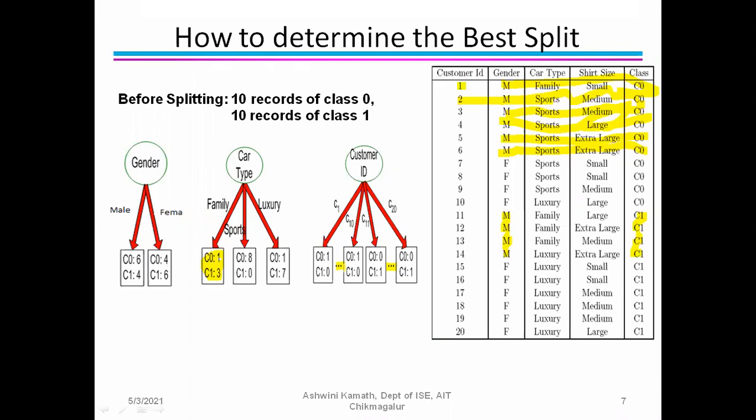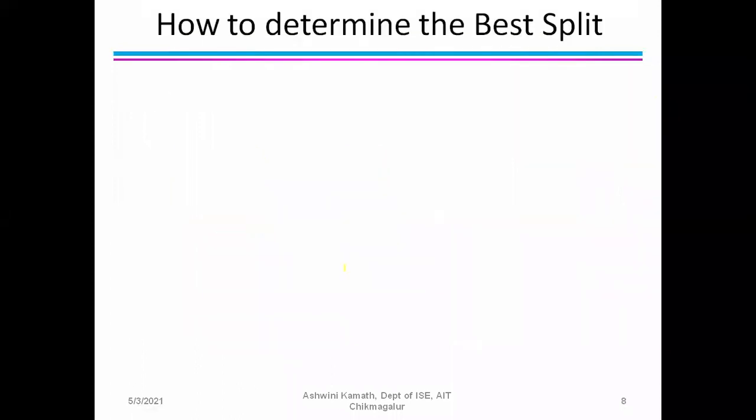Then which test condition is the best, the first one, second one, or third one? This is the concept of how to determine the best split. We'll discuss that in the next slide.